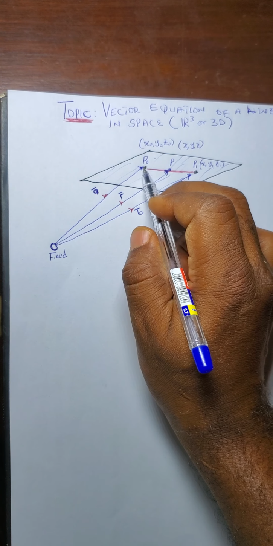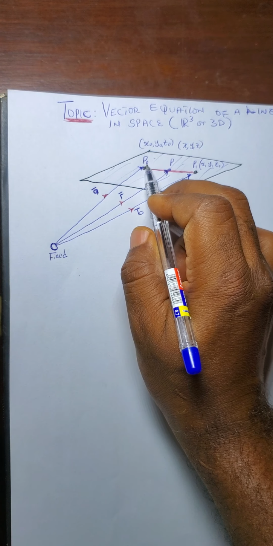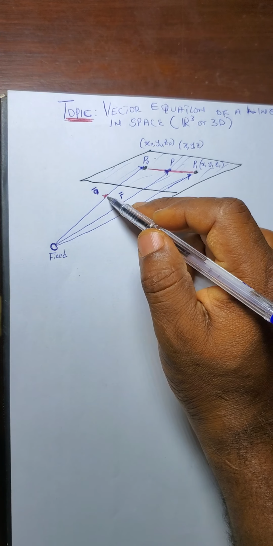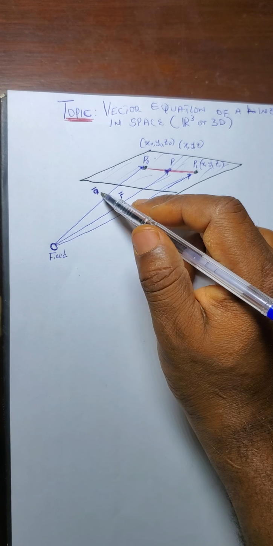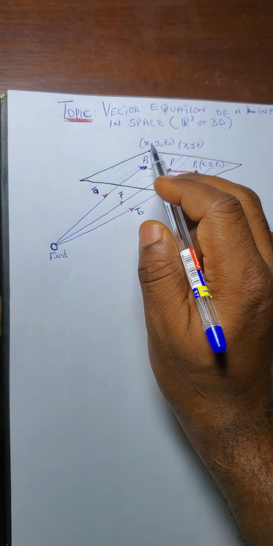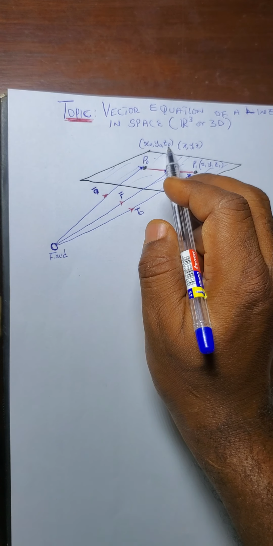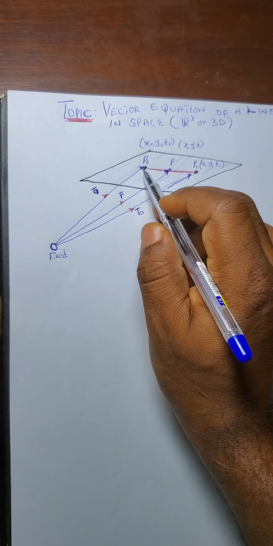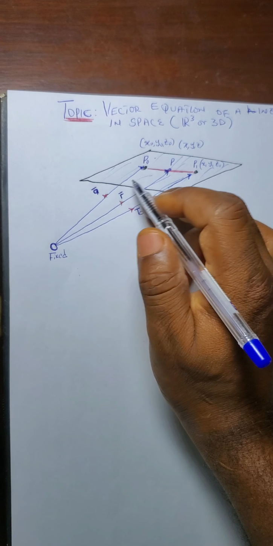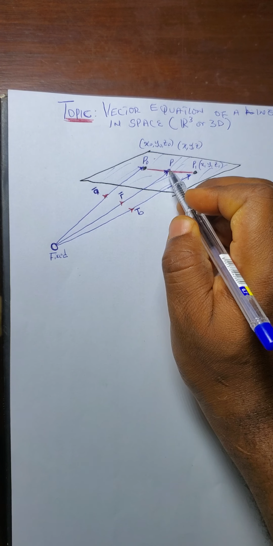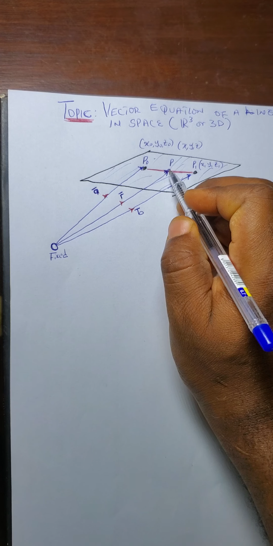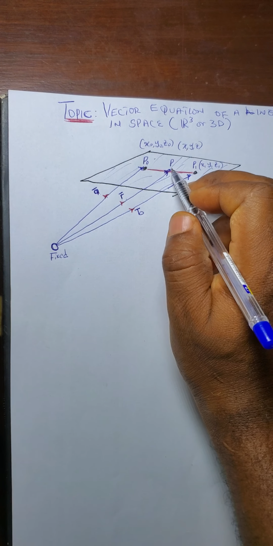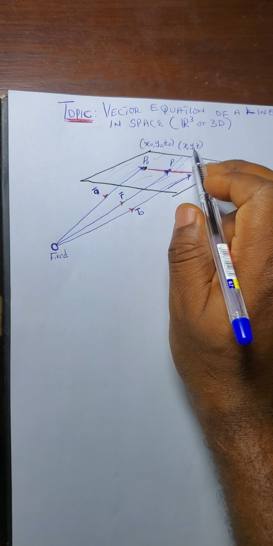Now, the coordinates of point P0 are given as x0, y0, z0. That means the decomposition of the vector A into the x direction, the y direction, and the z direction is x0, y0, z0, and it's called the coordinate of vector A. The coordinate for this particular vector R that is locating the arbitrary point P is x, y, z.